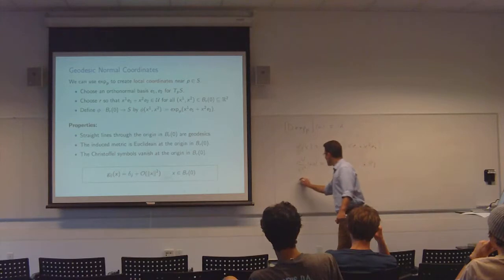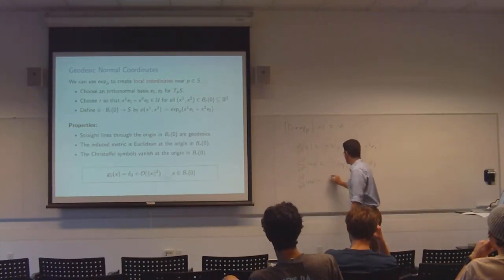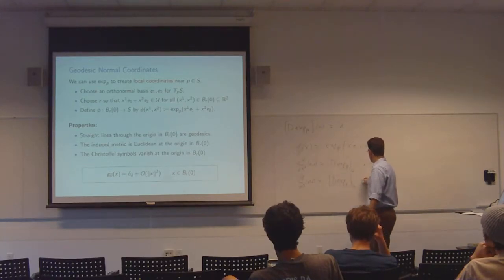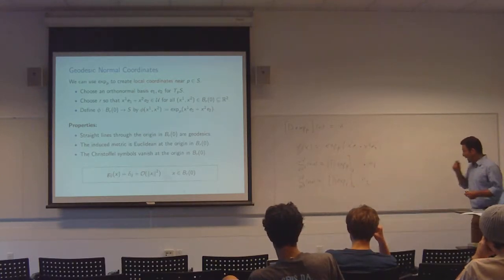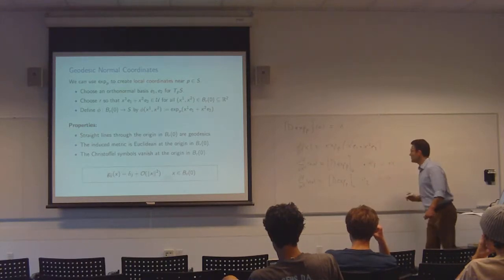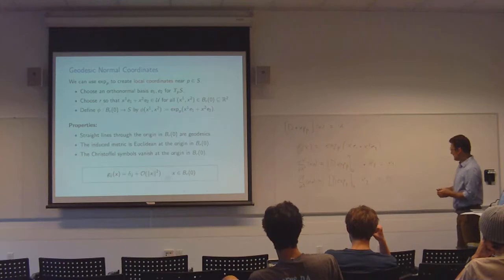And d phi by dx2 at 0, 0 is the differential of the exponential map at 0 acting on E2. Because we proved 2 weeks ago that the differential of the exponential map is the identity, we can just say this.